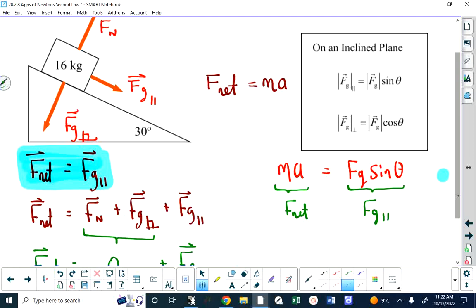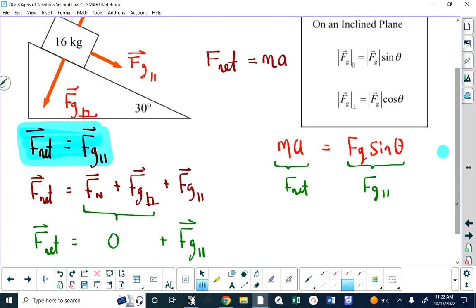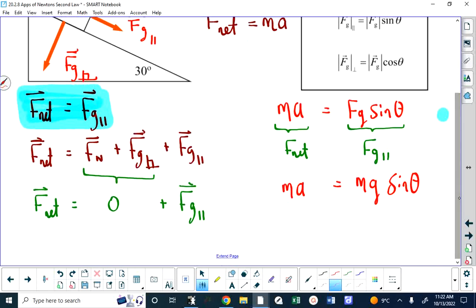I can go a little further and write MA equals mg times sine of theta, and I can solve the problem.